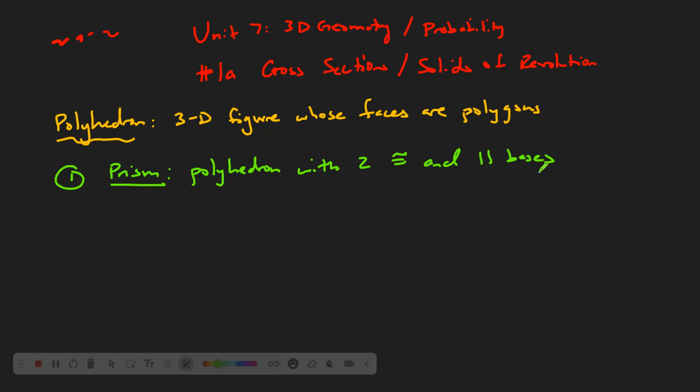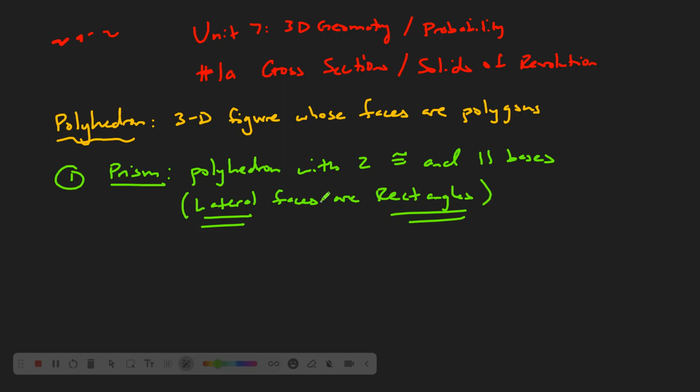There are other faces in this polyhedron other than the bases, and those faces are called the lateral faces. In a prism, the lateral faces are rectangles.